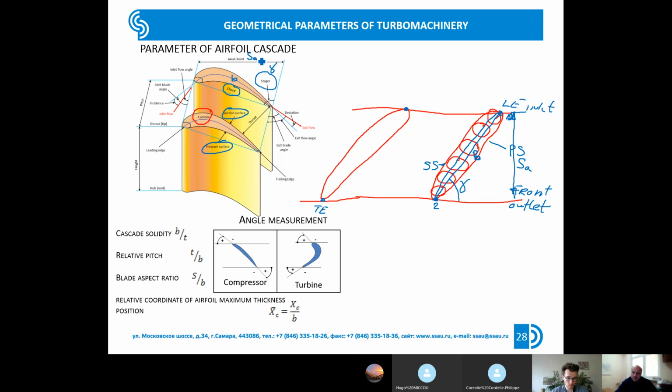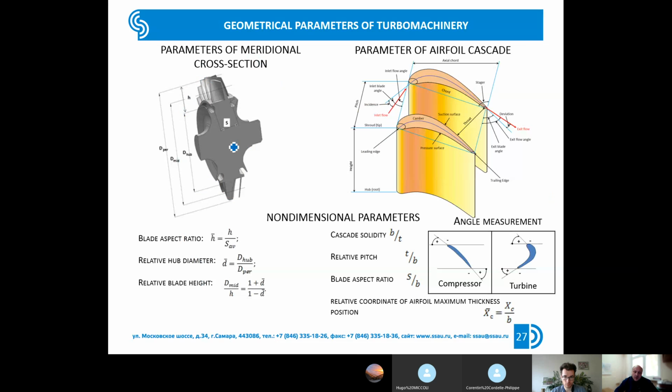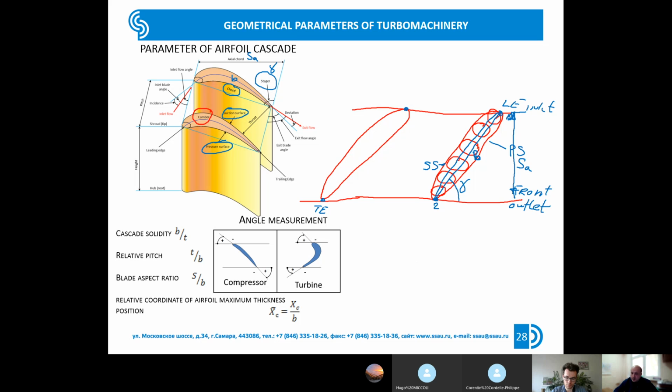If we return back to the previous slide, we already spoke about this parameter, this one, b_a. This is the axial chord, and this parameter connects these two pictures: the picture of parameters of the meridional cross section and the picture of parameters of the blade row.